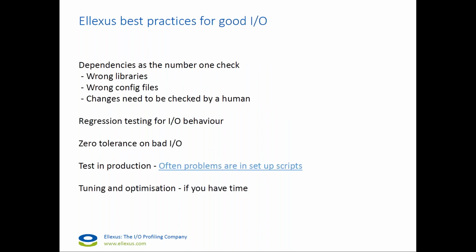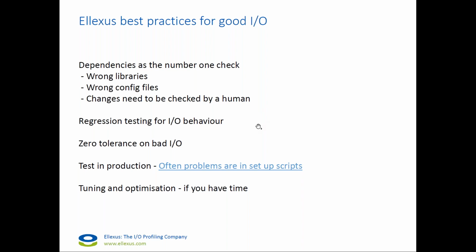And as a summary of our best practices, I'm going to go back to dependencies. Dependencies are the number one check. You can find so many problems just by looking at that list of files that have been accessed. So you can look at the wrong libraries, wrong config files, and changes should be checked by a human. You should be running regression tests on your dependencies so that any new library that is brought in needs to be checked by a human.